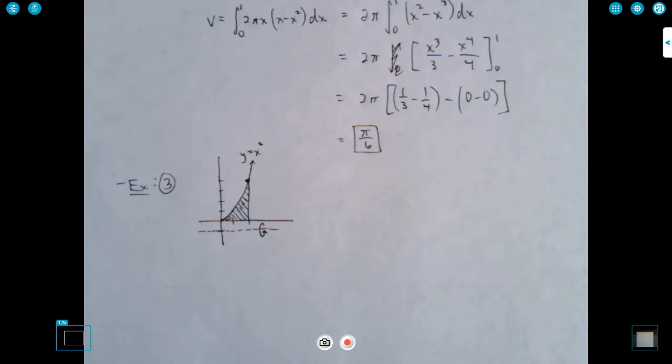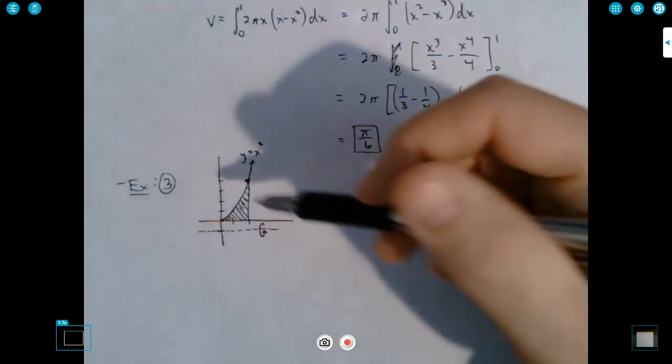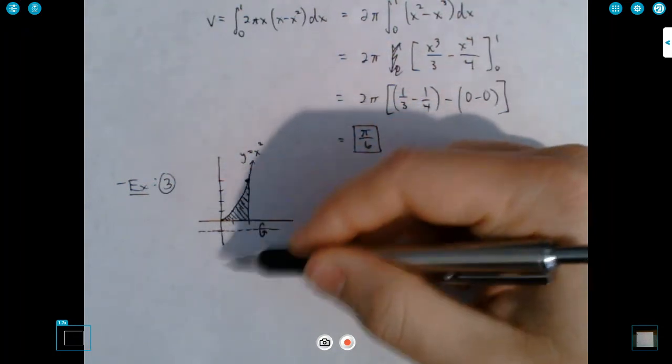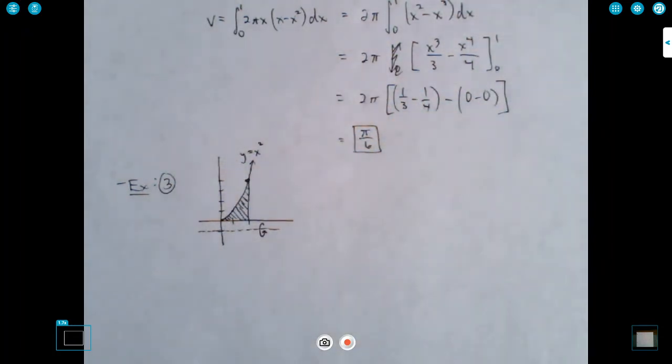Okay. So again, we could do this with discs and washers, right? We definitely could do that. But I think if you slice parallel to the y-axis with discs and washers, you would get a bunch of washers. But let's see if we can do this with cylindrical shells.